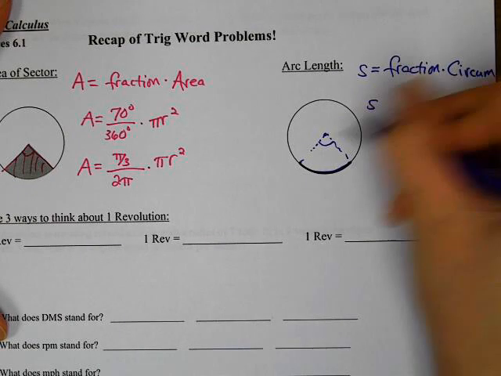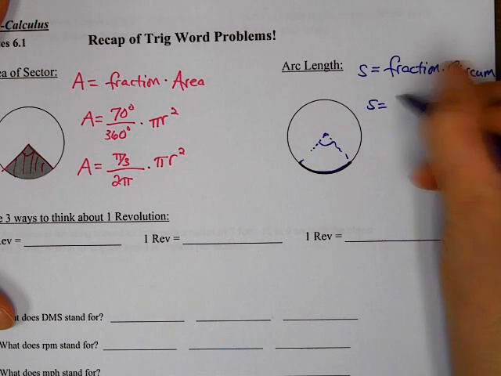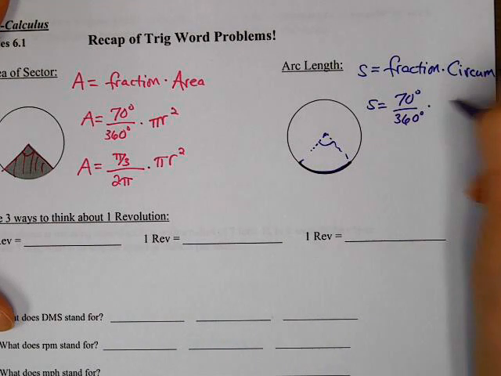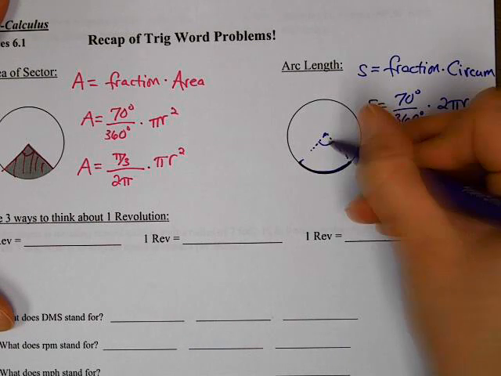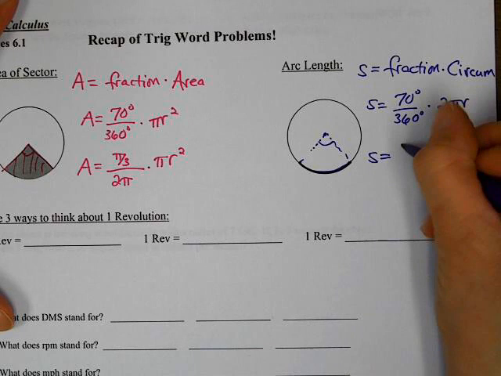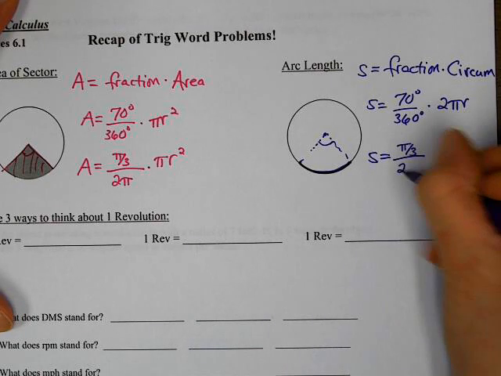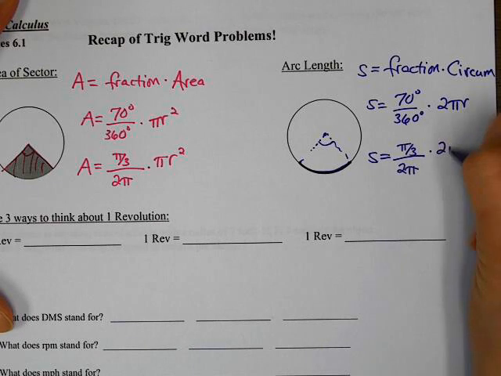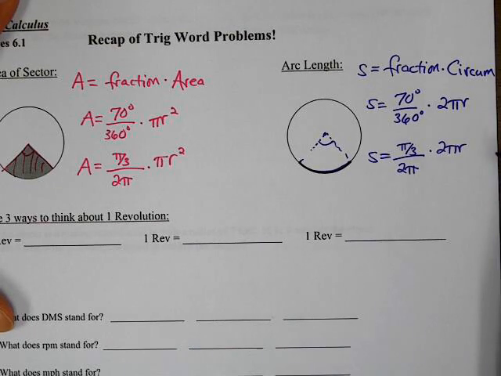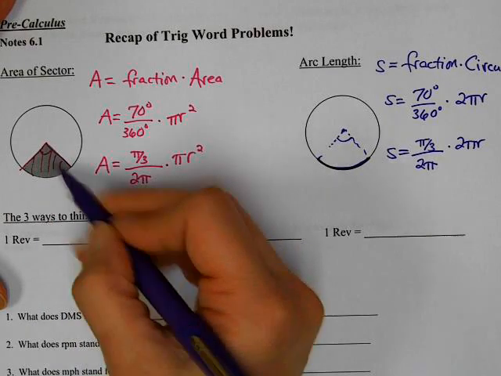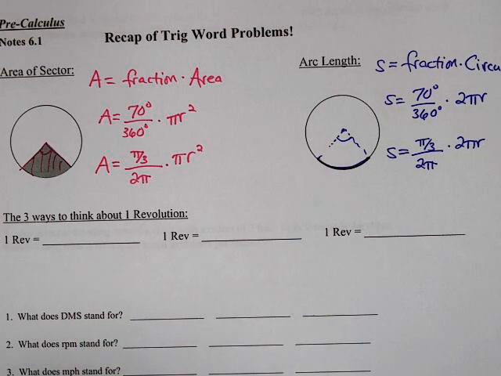So if I told you this angle was 70 degrees, that would be 70 out of 360 times 2 pi r. If the angle was given to you in radians, then it would be pi over 3 out of a total 2 pi times 2 pi r. Okay, so it's a fraction of the entire circumference, or it's a fraction of the area of a circle.